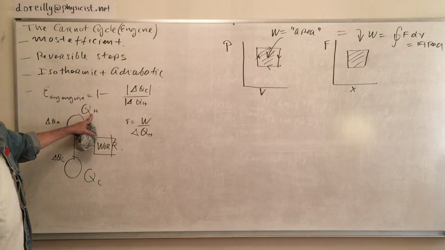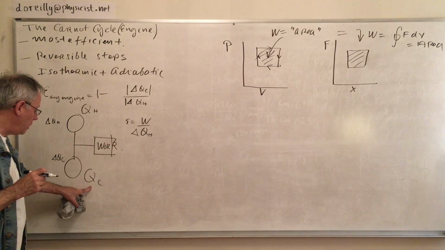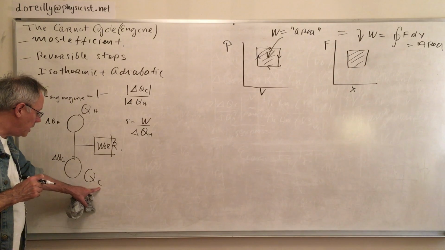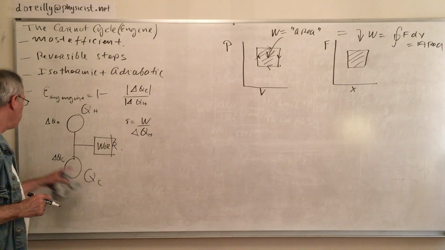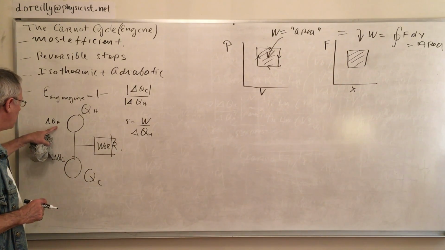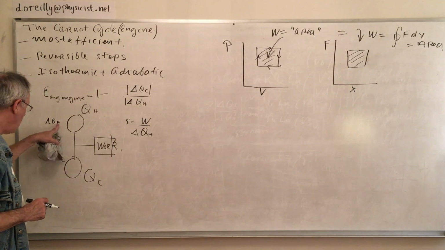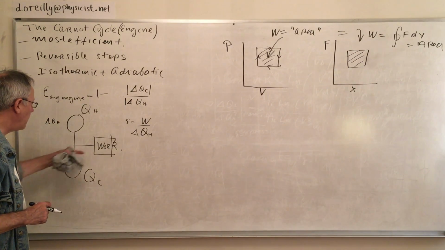Now this big Q is a lot of stuff, a lot of joules. This big Q cold is a lot of stuff. But the little increments, delta Q, delta Q hot and delta Q cold, are delivered increments of work.